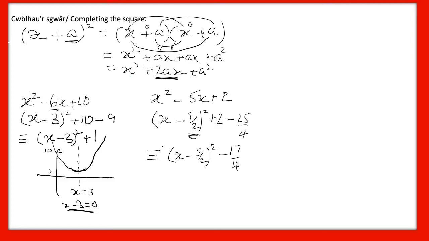So I need to refine my algorithm slightly if I've got a constant outside on the x squared term. Now, all you do is you put an extra step in, you say, all right, you pull out a common factor 2.